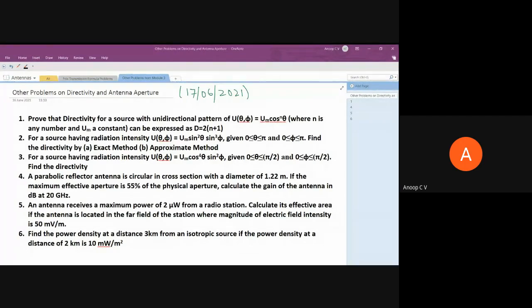I hope all of you are trying. You have to type in what is the answer. Did anyone get the answer?